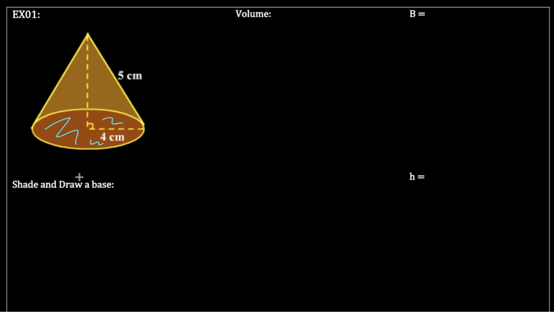The thing about cones is that they only have one base. Normally we have two that are the same, right? But we only have one base. And our radius is 4 centimeters. Remember, this is the base.